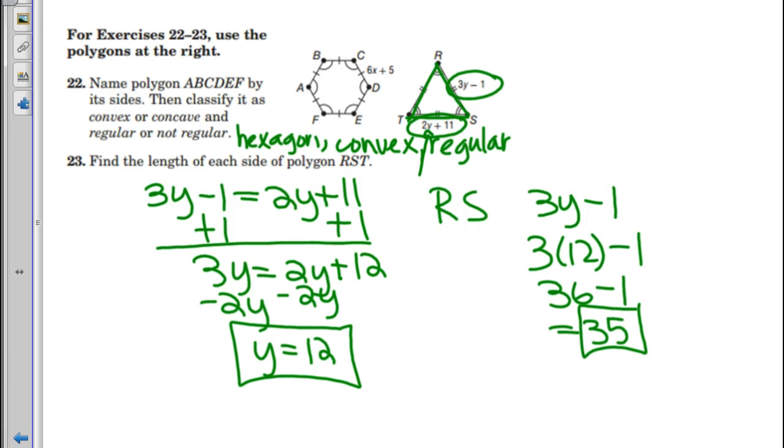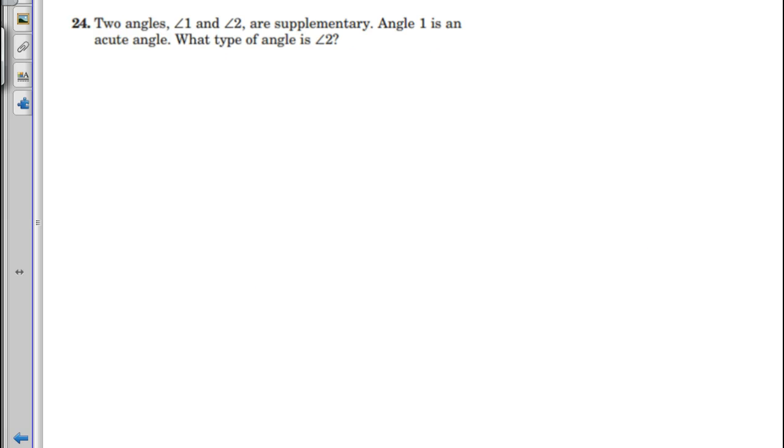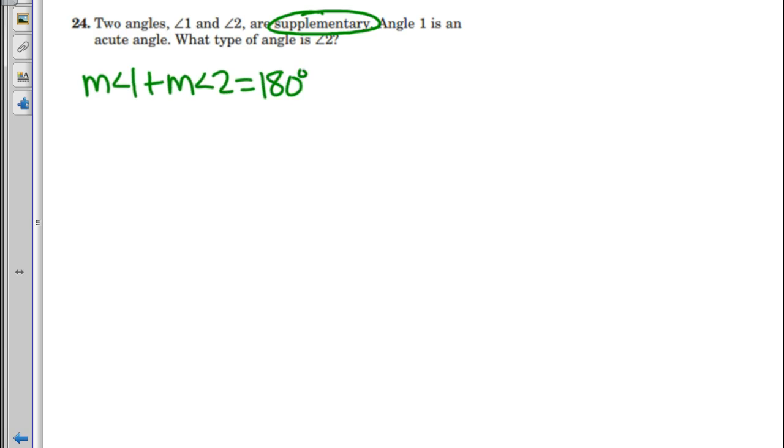All right, let's go on. Number 24: angle 1 and angle 2 are supplementary. What does that mean? Supplementary means they add to be 180. So I already know that the measure of angle 1 plus the measure of angle 2 equals 180 degrees. That's what that first sentence means.